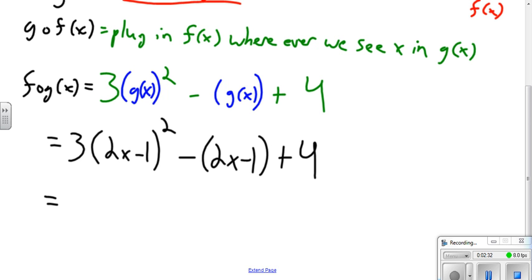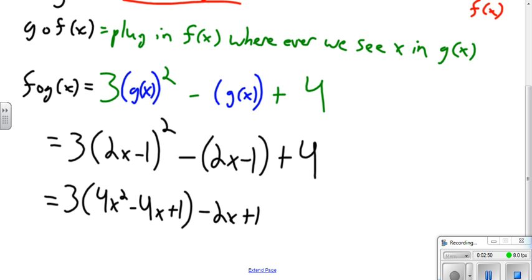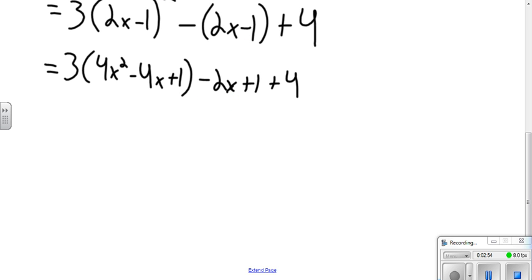Now we just have to solve these all through. 3 times the amount 2x minus 1 squared actually comes out to 4x squared minus 4x plus 1, minus, oops, I don't need the parentheses on this one. We'll just distribute that negative. So minus 2x and plus 1 and plus 4. Give us a little more room to work. So distribute the 3 to each.